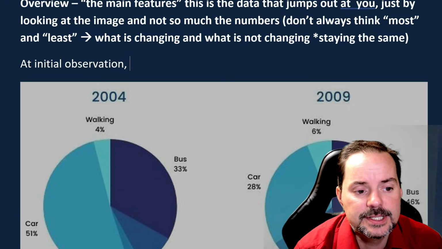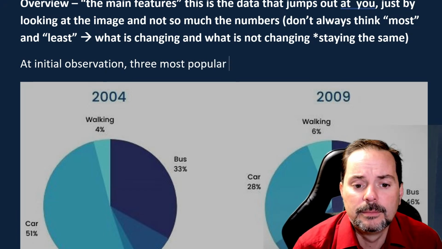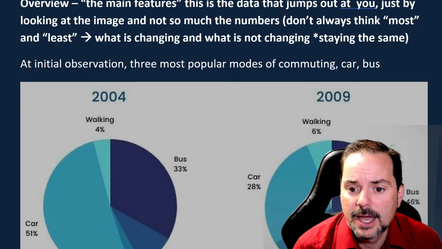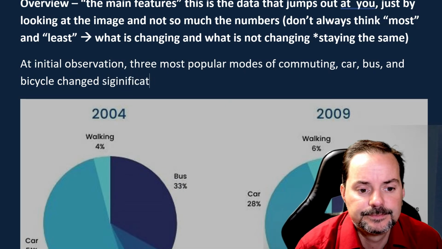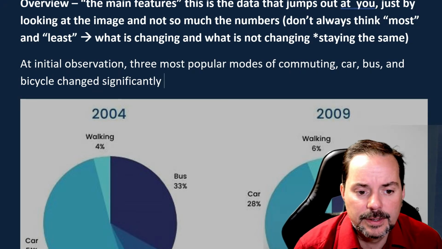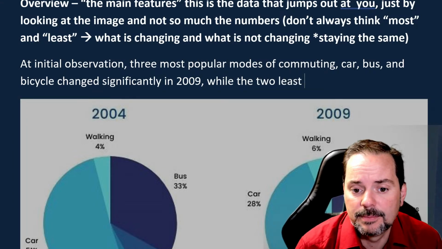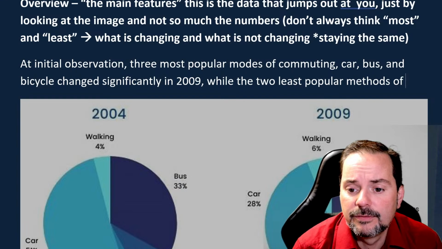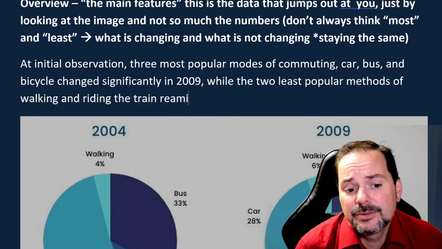So your supervisor would say, well, you should see that at initial observation, the three most popular modes of commuting, car, bus, and bicycle, changed significantly in these two periods, or in 2009, while the two least popular methods of walking and riding the train remained relatively the same.